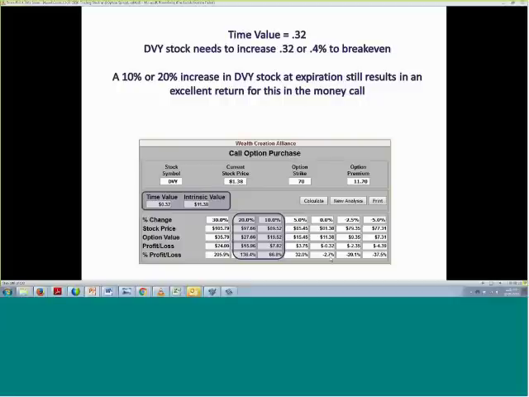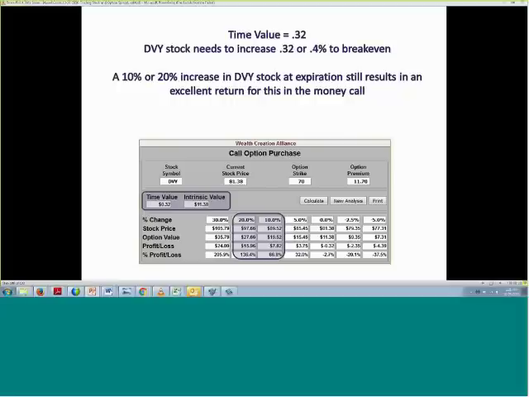So if you buy a call option and the stock doesn't increase above the strike price of the call, then you lose 100%. So in this case, we bought an in-the-money option. If the stock is flat, we only lose 2.7%. We can also see if the stock goes up only 10%, then we get a 66% return on the option.